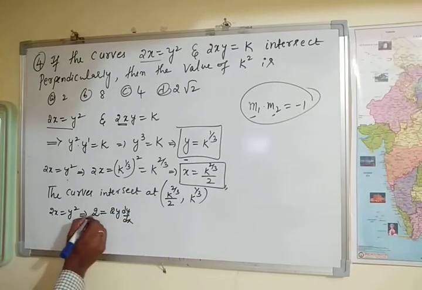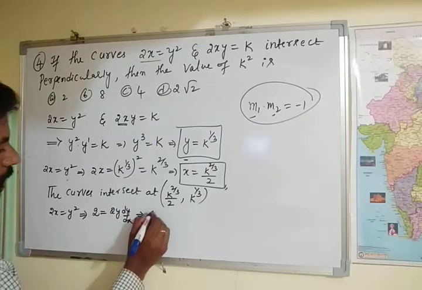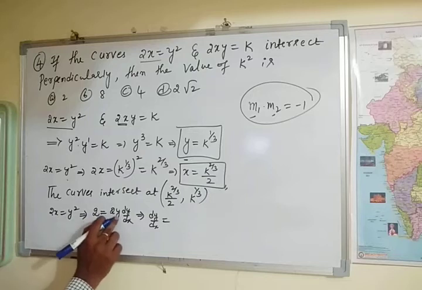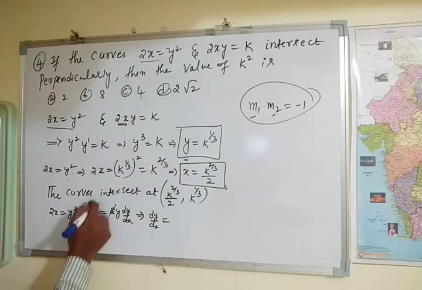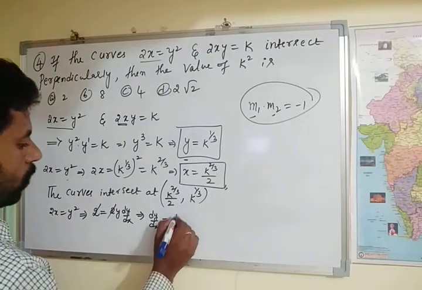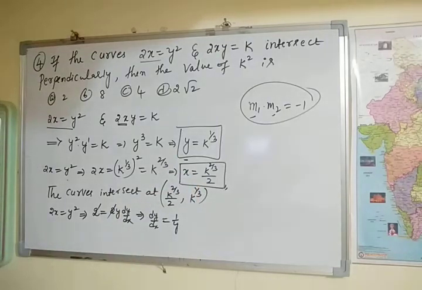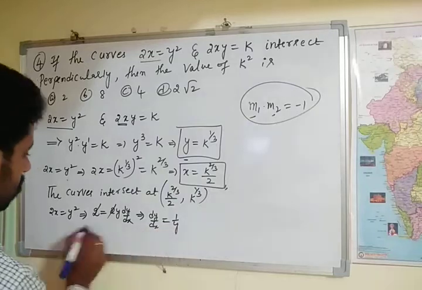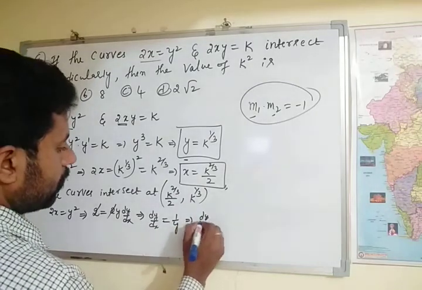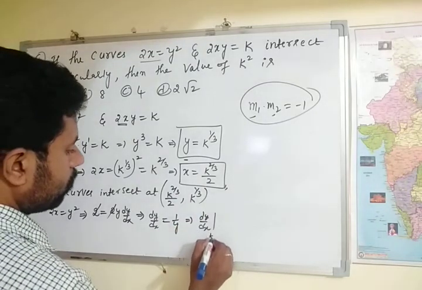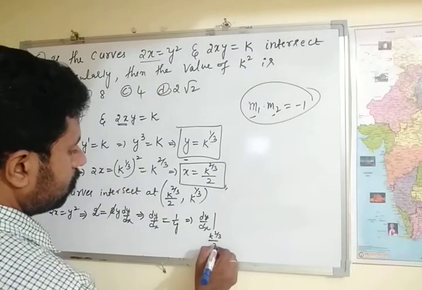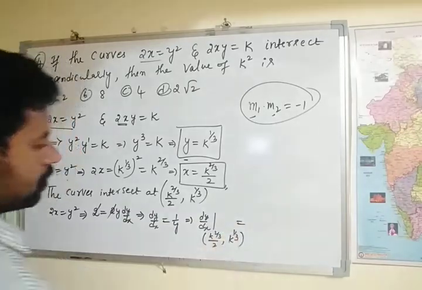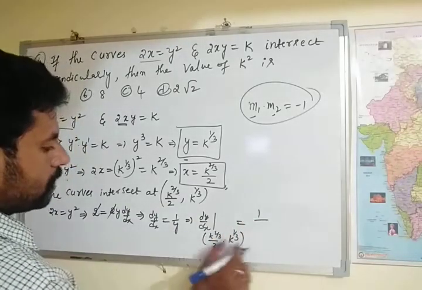See, 2 gets cancelled. This implies 1 is equals to y into dy by dx, because 2 gets cancelled. So dy by dx is 1 divided by y. So here we consider dy by dx at the point k to the power 2 by 3 comma k to the power 1 by 3, is 1 divided by y, the result is 1 divided by k to the power 1 by 3.